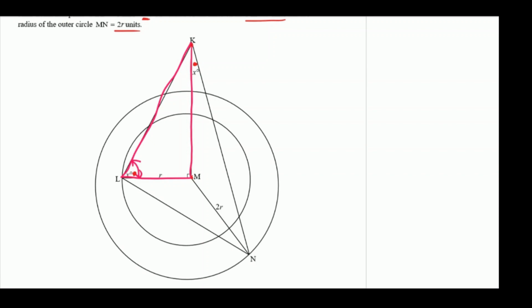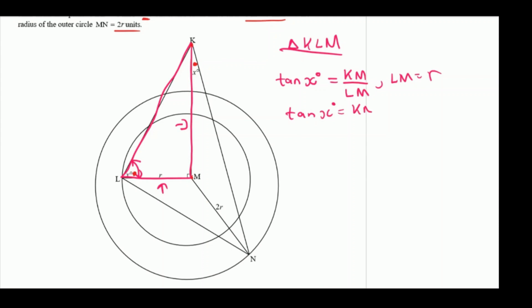To write the expression using this triangle, triangle KLM, which is the triangle that I just highlighted, the angle is x degrees, and this dimension of KM we don't have, this dimension of LM we have, right? So we're going to say tan of x degrees is equal to opposite over adjacent, which is KM over LM, but LM we know is equal to r. So tan of x degrees is equal to KM over r.